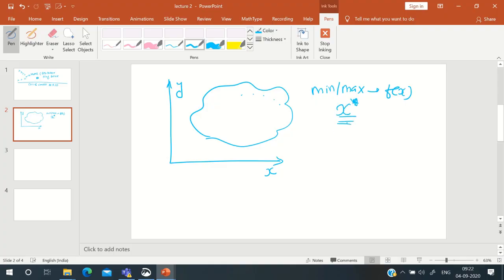For a particular optimization problem, there may be a number of feasible multiple solutions as per the definitions of the optimization. We will get a number of possible answers, right? And suppose this x value, x star, will give the minimum value of objective function f of x.